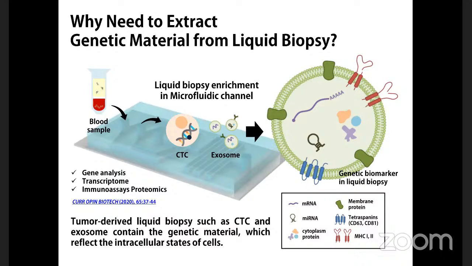To solve this problem, recently the development of a microfluidic chip capable of not only extracting liquid biopsy from blood, but also performing a bioanalytical platform is underway. Since a liquid biopsy contains genetic material reflecting the state of the released cells, it is possible to diagnose cancer and check the status.